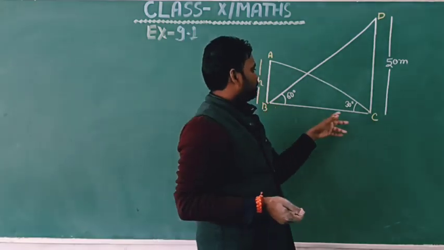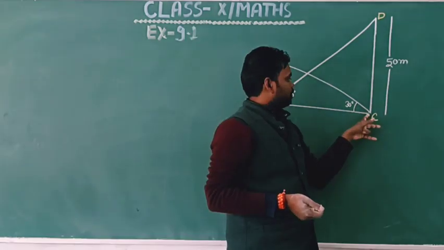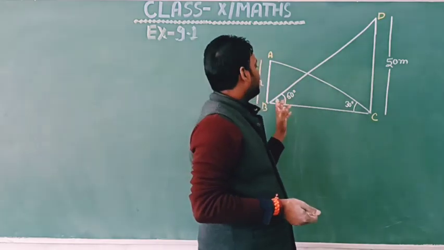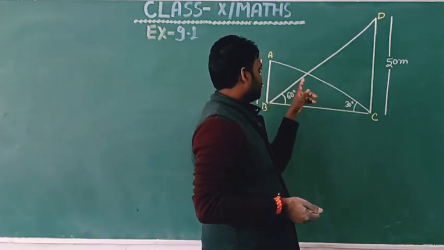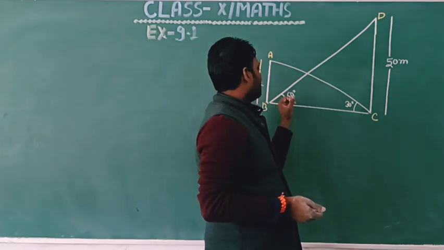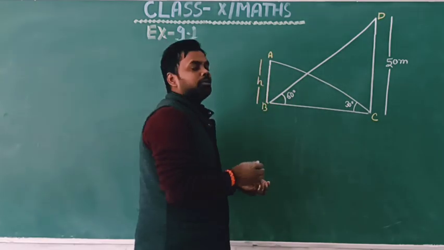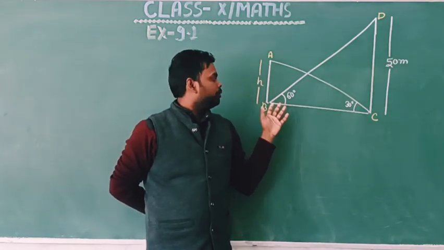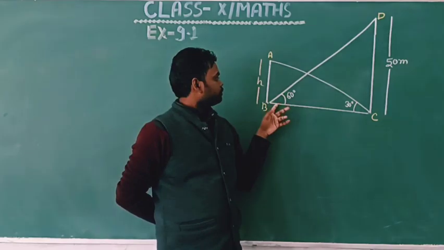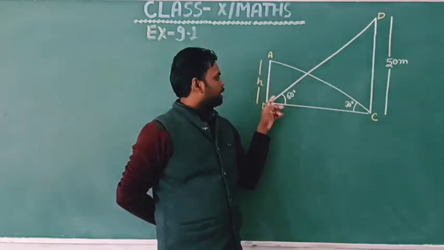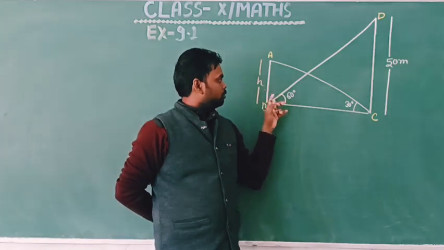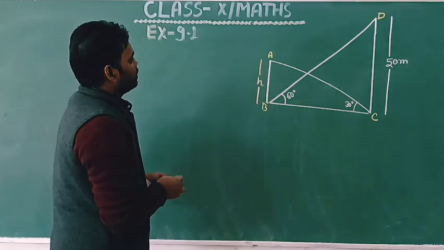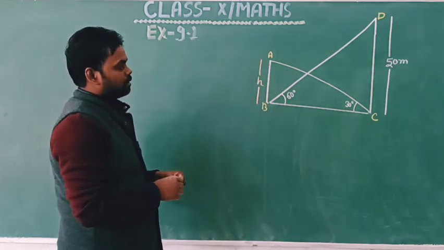From the foot of the tower, the top of the building has angle of elevation 30 degree, and from the foot of the building, the top of the tower has angle of elevation 60 degree. Then we need to find the height. So to find the height of the building, we choose the tan trigonometric ratio, means tan 30 and tan 60.